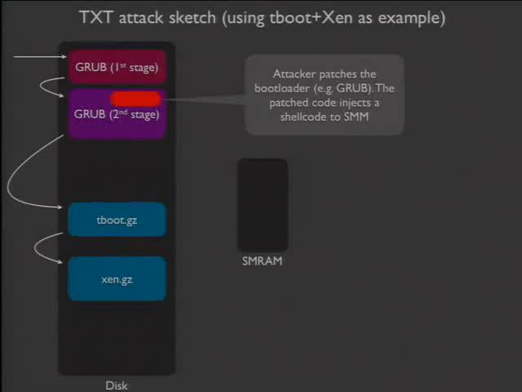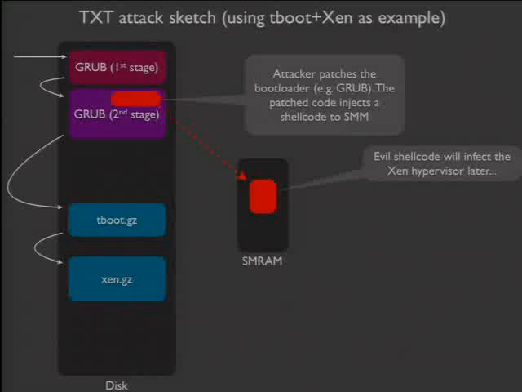Now this code will survive the SENTER phase, and just after Xen gets executed, after the secure late launch, the code from SMM will modify it and inject some backdoor into Xen. And again, for backdoors in Xen, you can refer to our presentation from Black Hat Vegas last year. So this is the sketch of our attack.